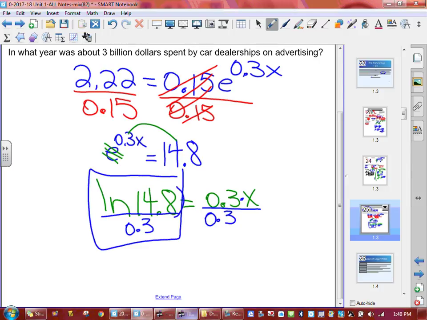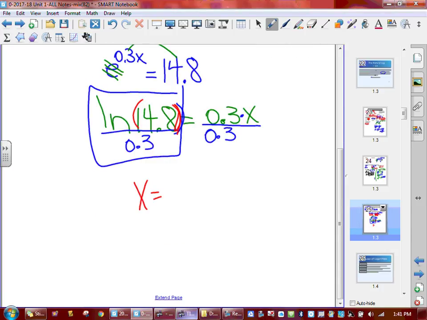So how big to 2 decimal places? We're actually finding a year. So how big is x? Did everybody get that for x? Okay, so that's roughly, we're going to round to the nearest year. So that's 9 years after 2000.